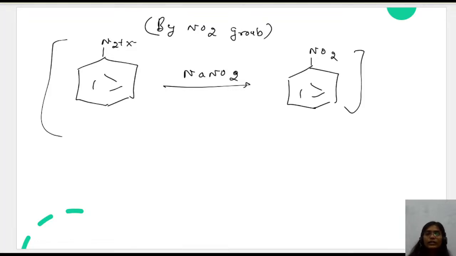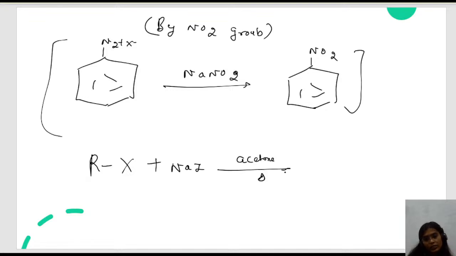Finkelstein reaction? No, Finkelstein reaction is a different point. This is not the part of this. In the Finkelstein reaction, you are using NaI, and that reaction is famous for the formation of iodine compounds. Let me quickly give you a brief. There you have to use any RX, and then we are using NaI in acetone. Heat it, and then we're getting RI, and then some NaX remains.